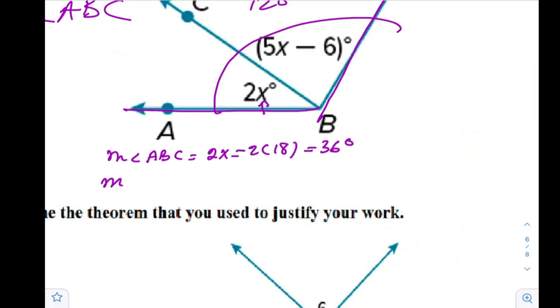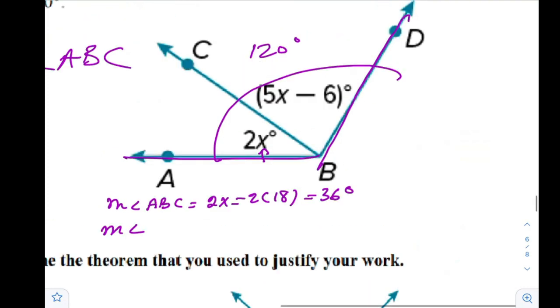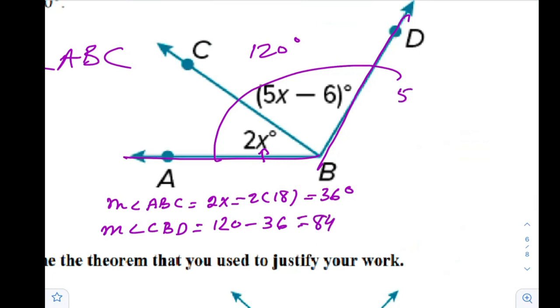For the other angle, angle CBD, you can subtract, لأنه total 120, 120 minus 36, which is 84. If you replace, you should have the same value: 5 times 18, which is 90, minus 6, which is 84.